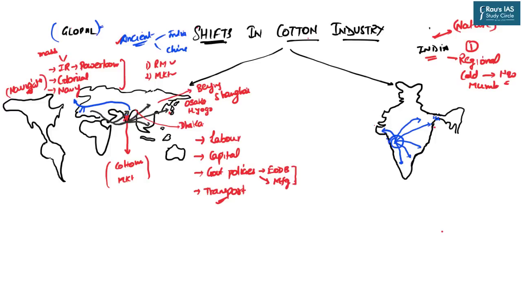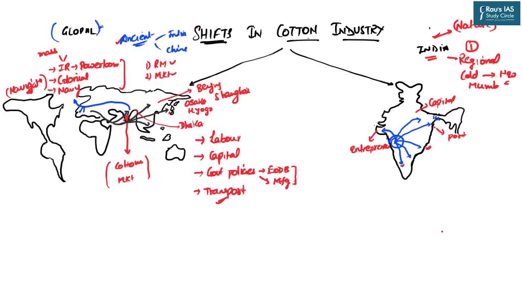For example, the reason for the shift of cotton industries to Kanpur and Lucknow was growth in the capital base. In Kolkata, it was the provision of port facilities. The same was true for Vishakhapatnam also. In Ahmedabad, the reason was high availability of entrepreneurship skills.